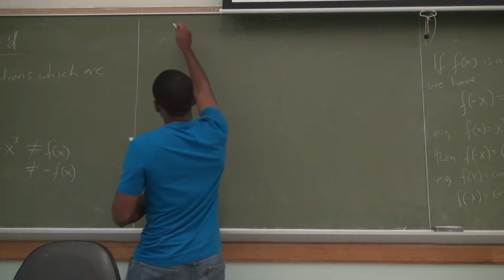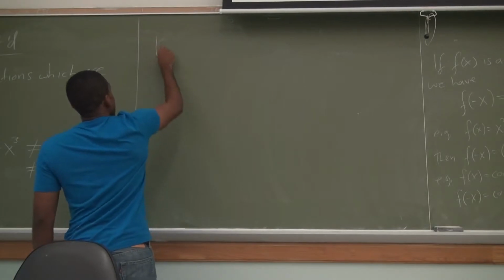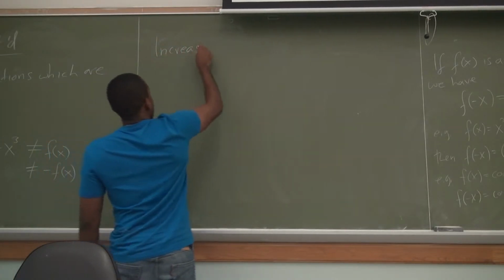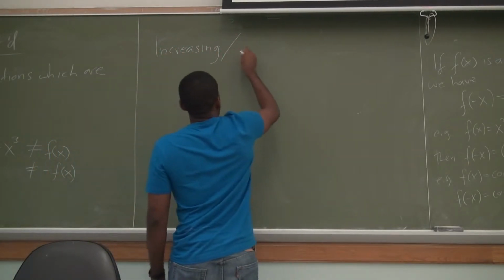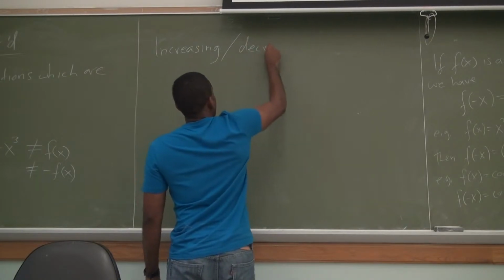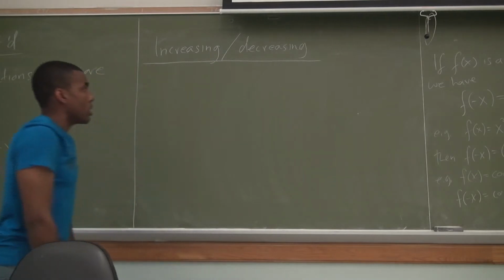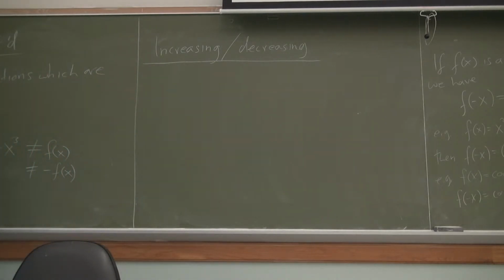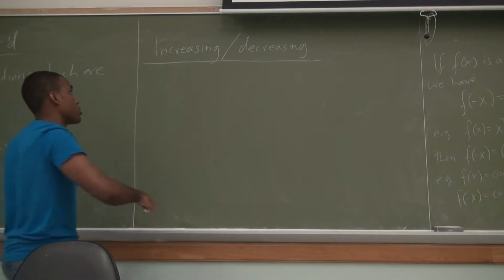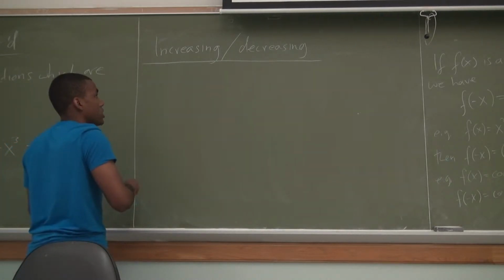Another definition to finish off this section is increasing and decreasing. For now, we'll do the definition. We'll come back to this later on when we have more equipment at our disposal. But for now, you can just look at the definition.